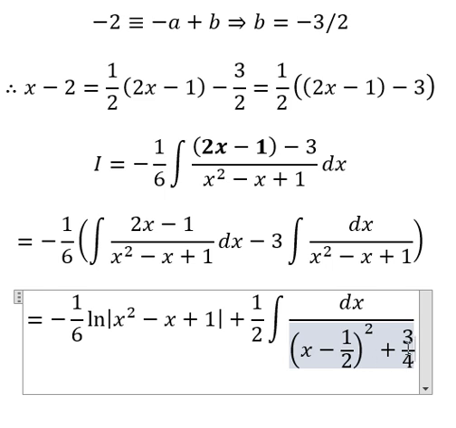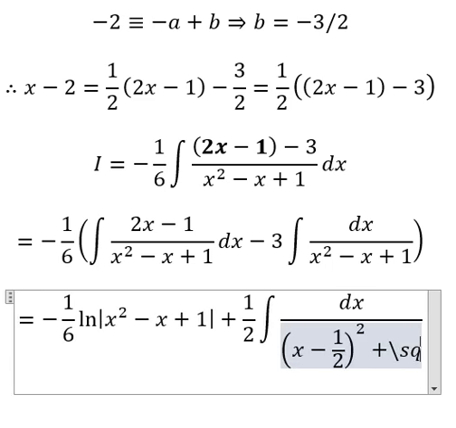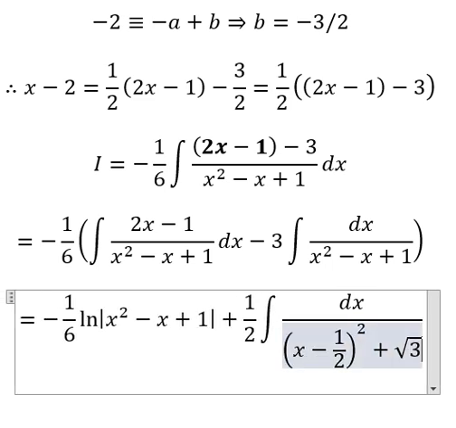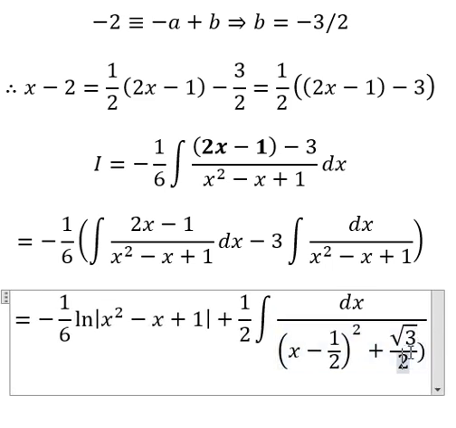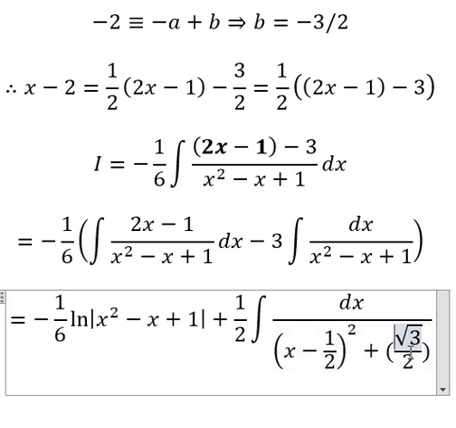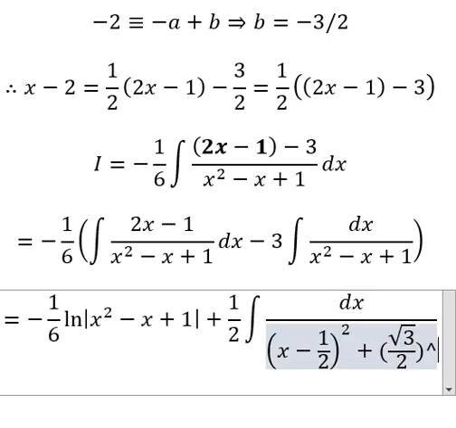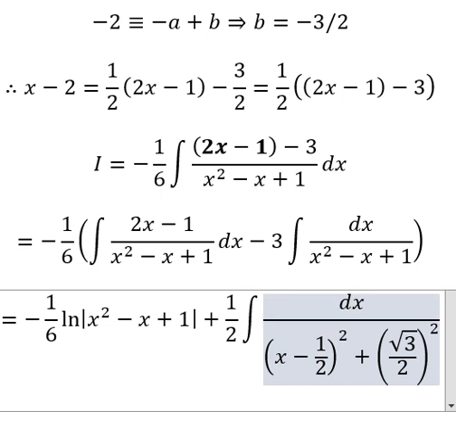So I can rewrite this 3 over 4 as the square root of 3 divided by 2, all squared. I'm doing this so that we can identify the standard integral, which is now your assignment to do.